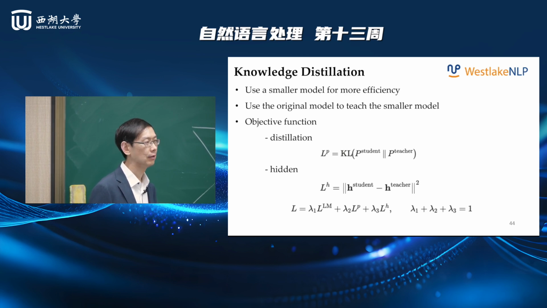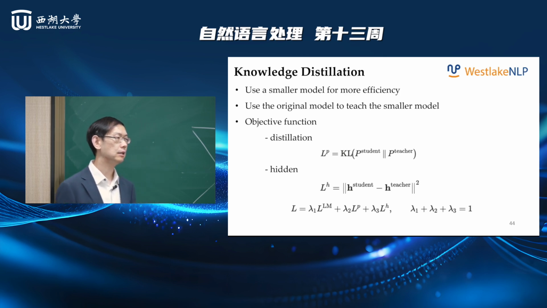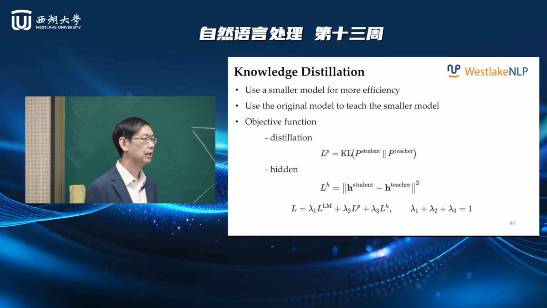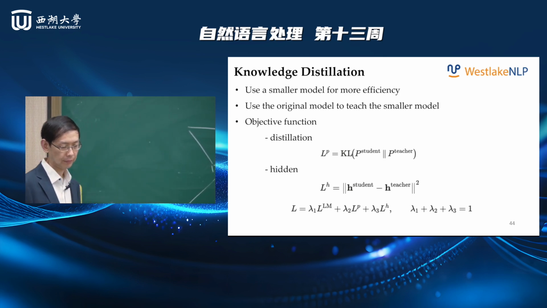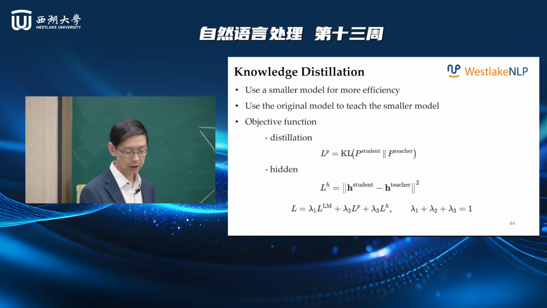How can you do that? You use the large model as a teacher which already has a lot of knowledge, and you try to distill all the knowledge of the teacher into the smaller model, the student. And in the end, this kind of knowledge distillation can well approximate what the teacher knows. And how do you do the distillation?